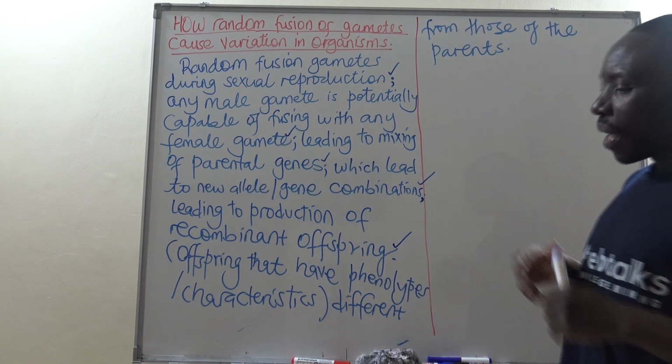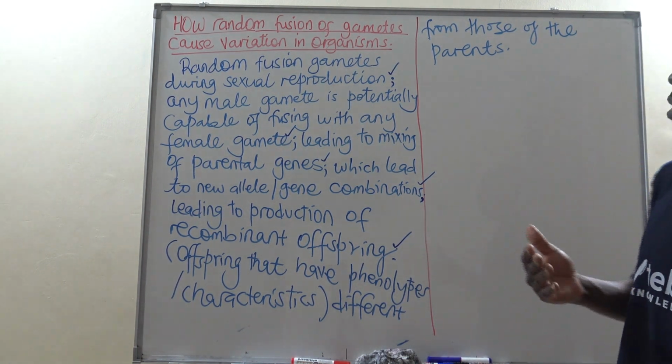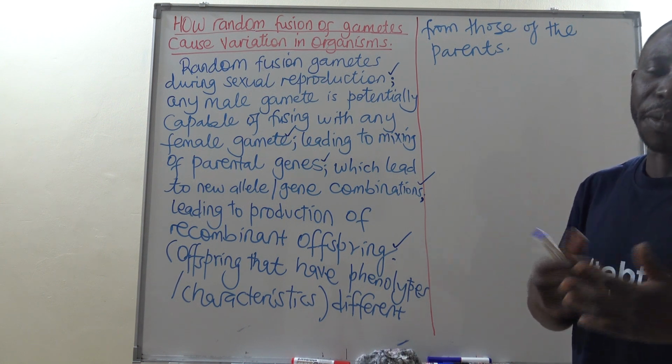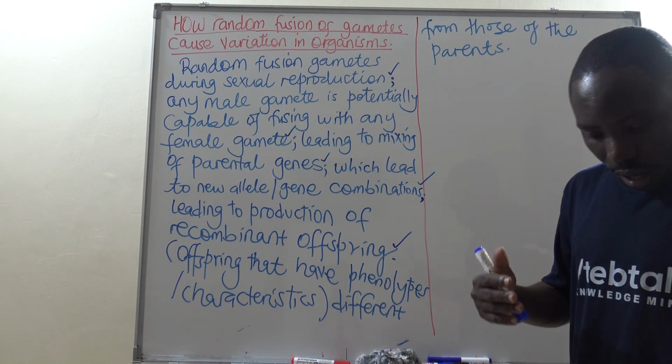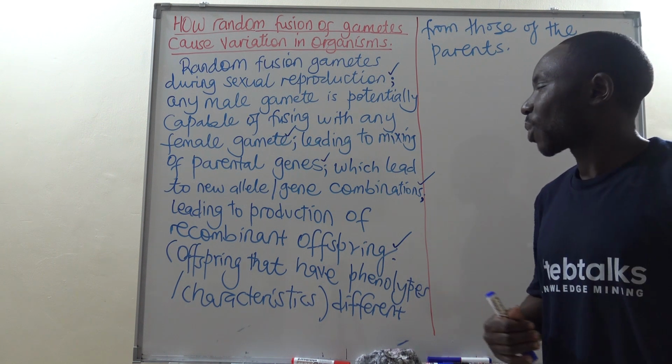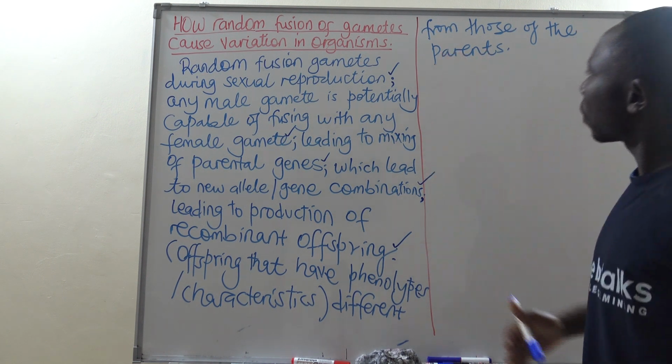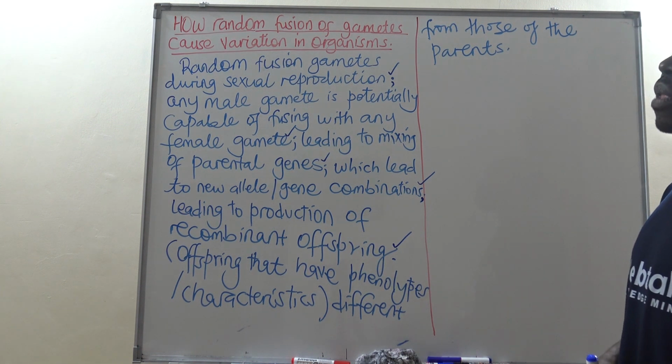So that is how random fertilization, or random fusion of gametes, leads to what we call variation in organisms. So there is nothing other than that. So that is what happens.